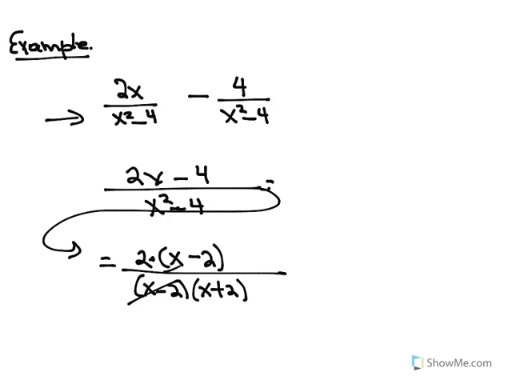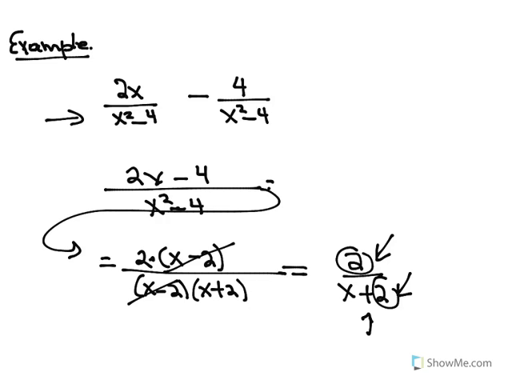Then I can simplify these two common factors, and the final answer is 2 divided by x plus 2. I want you to notice that these 2 and these 2 cannot be simplified, because this 2 is a term, and we don't simplify or cancel terms. We cancel factors, common factors. Okay?